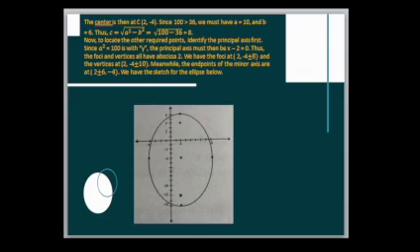Since 100 is greater than 36, we must have a equals 10 and b is equal to 6. Thus, c is equal to the square root of a squared minus b squared. As we know, a squared is 100 and b squared is 36, because that's the given.